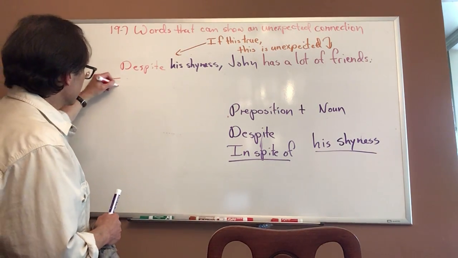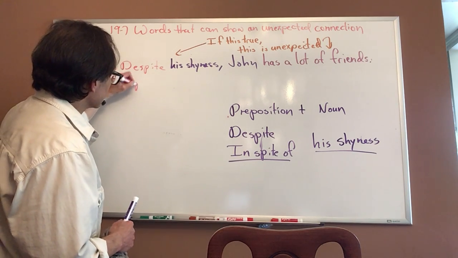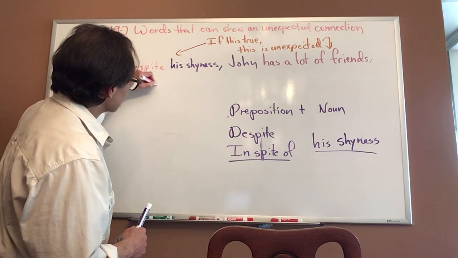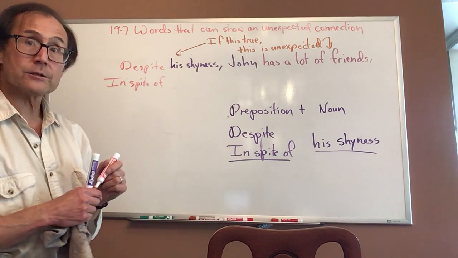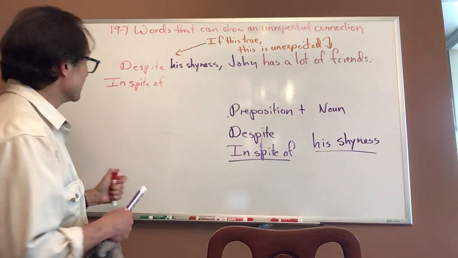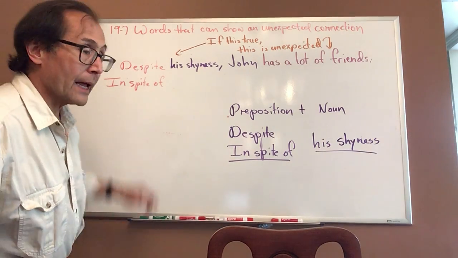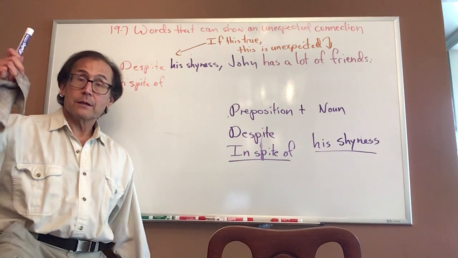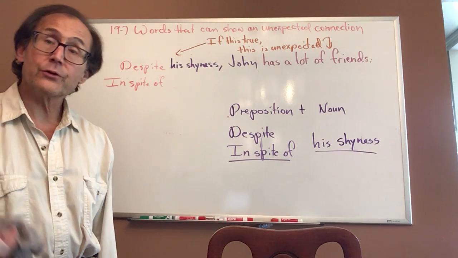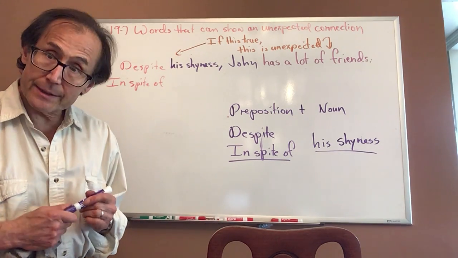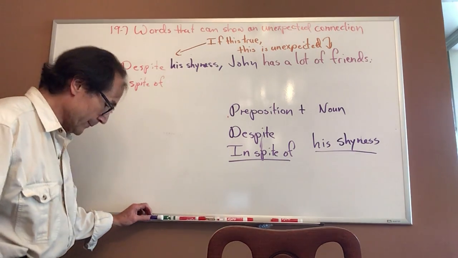in spite of his shyness, John has a lot of friends. These two mean the same thing, and they work exactly the same way. You can use either one, it will mean the same, they will work the same.